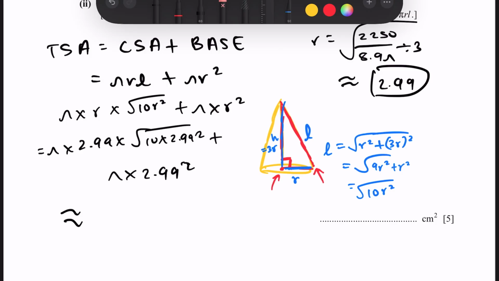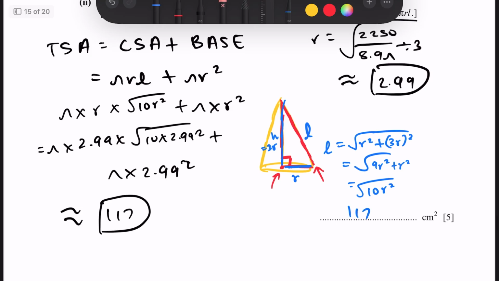When we round this, we get a value of approximately 117 when rounded to 3 SF. Let me just write this text in black to make it more clear.